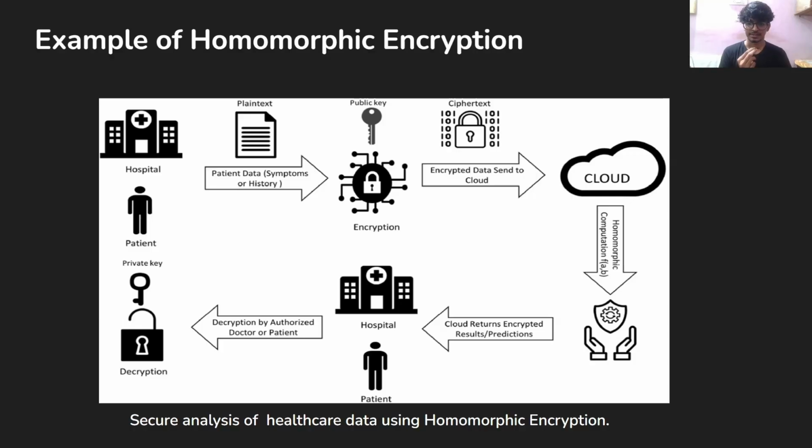But the catch is, these diagnostic tests can only be done by a third-party cloud service provider. So in this case, the patient's sensitive data should not be visible to the third-party service provider. To prevent that from happening, the hospital will follow the homomorphic encryption process as follows.